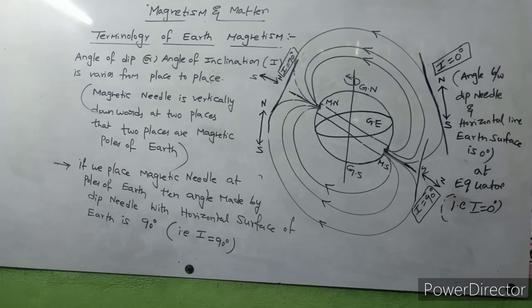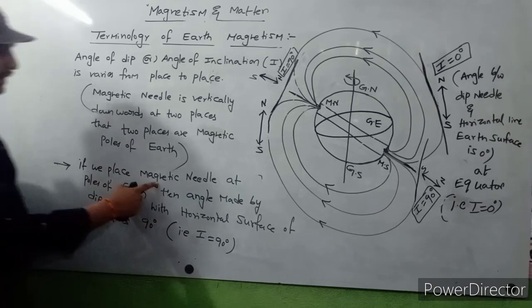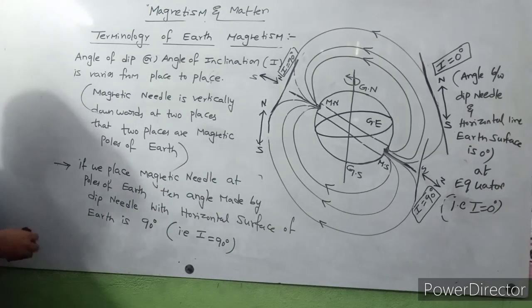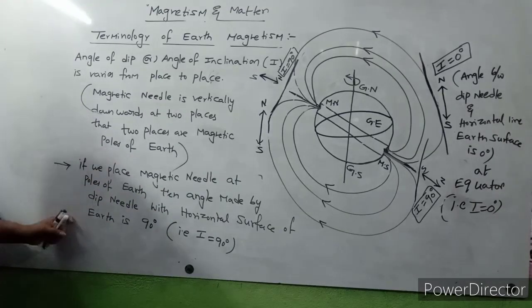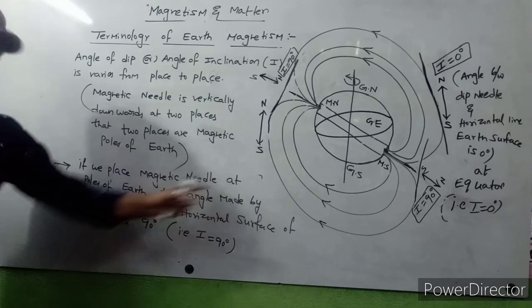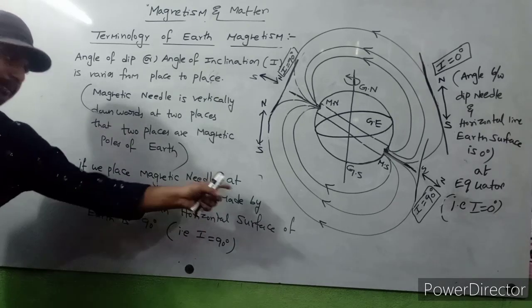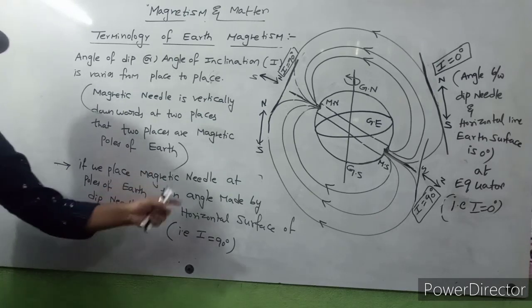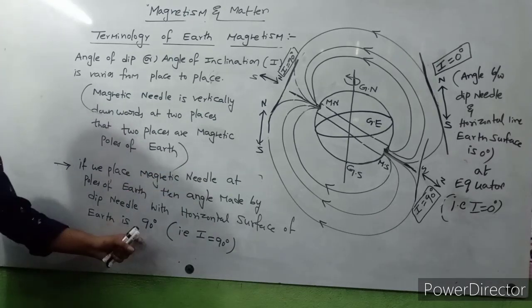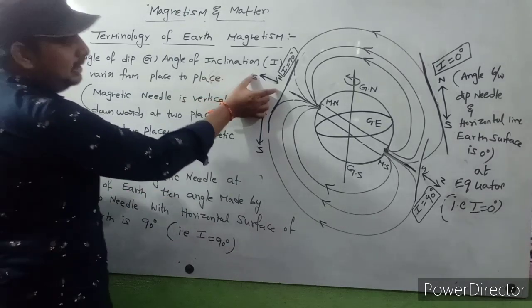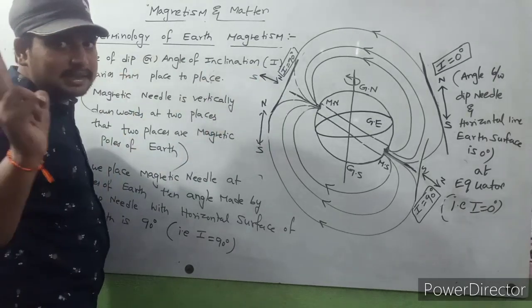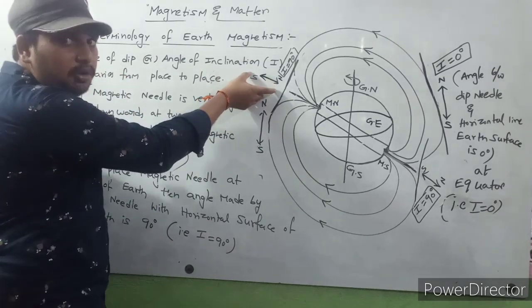Next, the second point. First note down this. If you place a magnetic needle at the poles of the earth, then the angle made by the dip needle with the horizontal surface of the earth is 90 degrees. Observe carefully. Only two places the magnetic needle is vertically downwards.